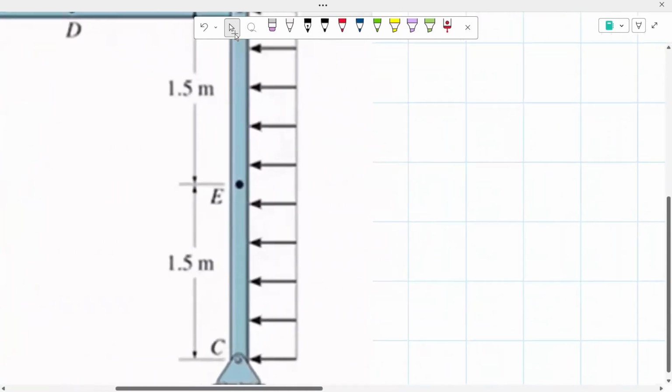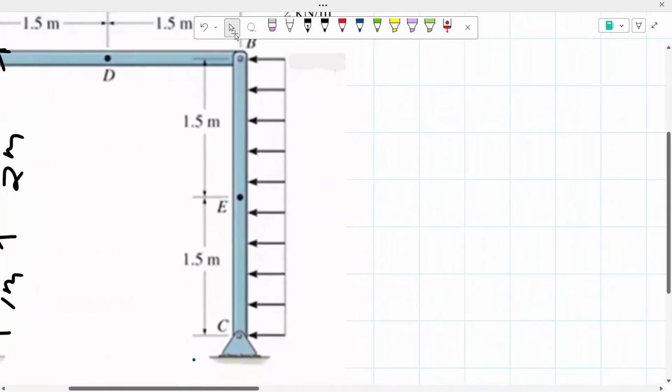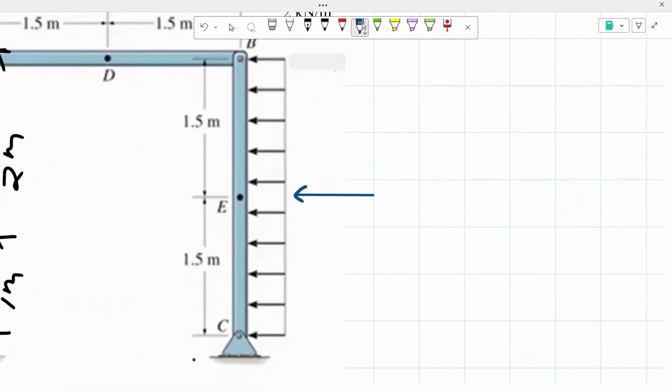And then for the location of this one, we know that since it is a uniform loading, it would just be mid-span, halfway. So right there with a value of 6 kilonewtons.